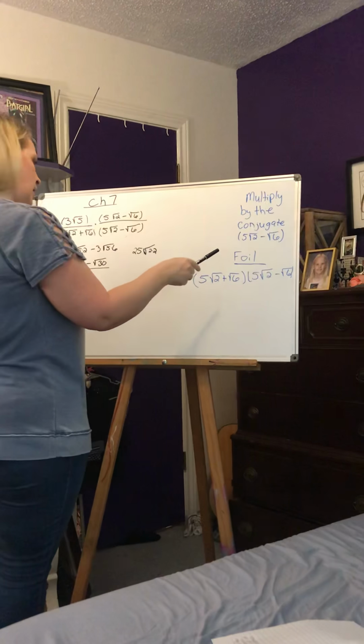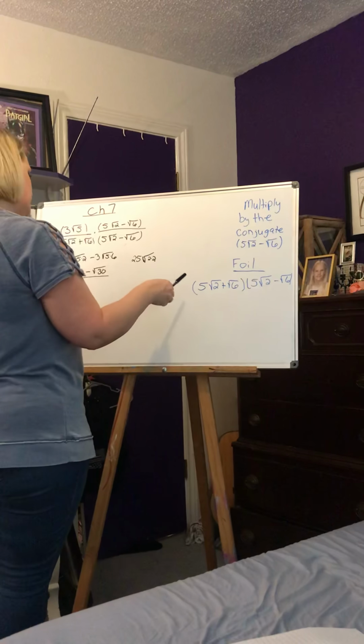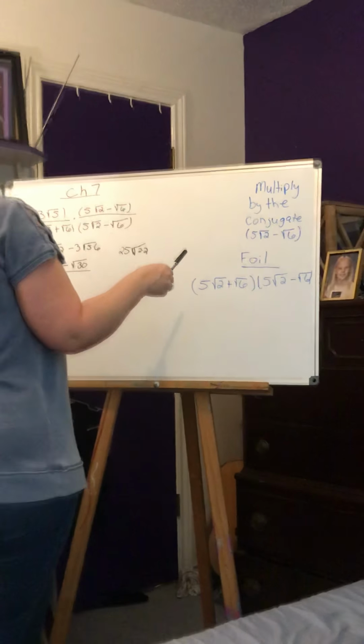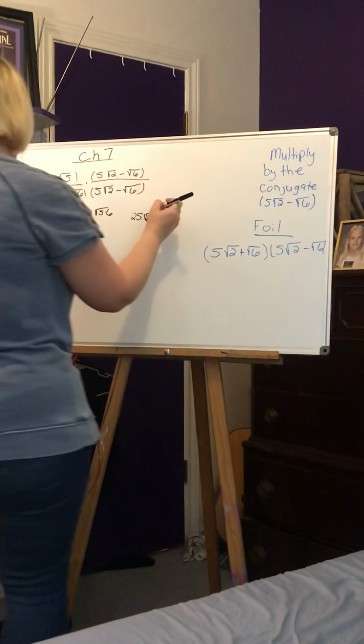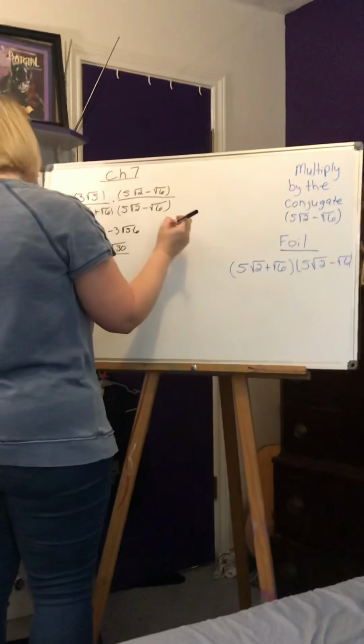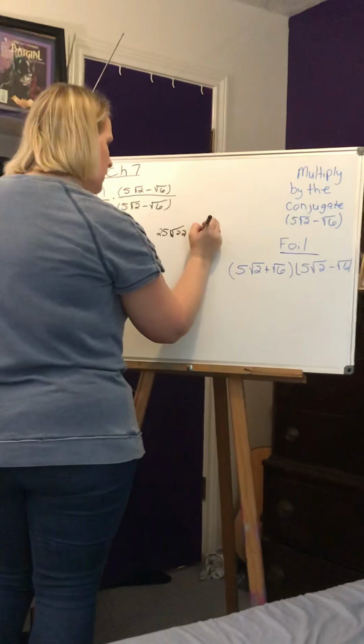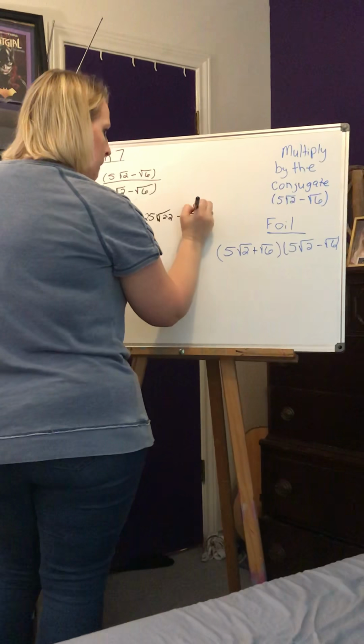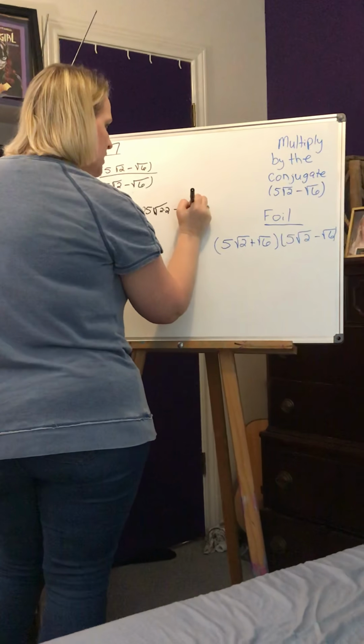And then we have 5√2 times negative 1 times √6, and that will give us negative 5 √(2 times 6).